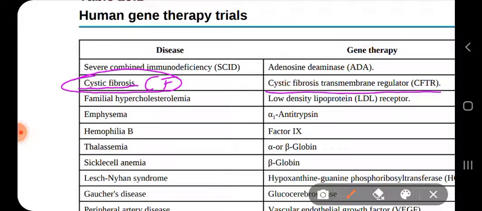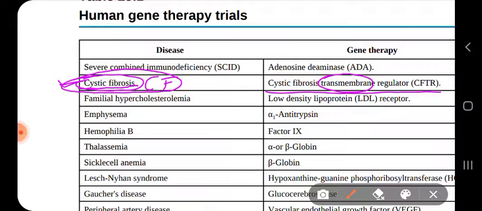It is a protein which, as you can imagine, is transmembrane. That means this protein is involved in the transport of certain molecules in and out of the cell, and you will see later on that this is occurring in our lungs.